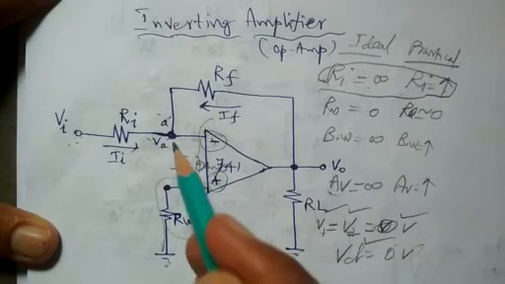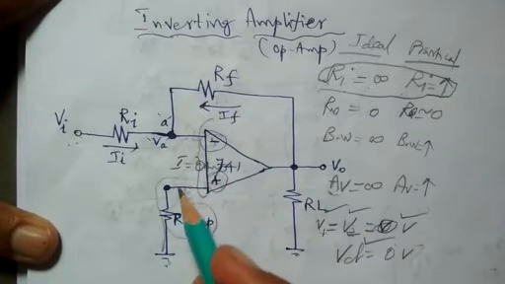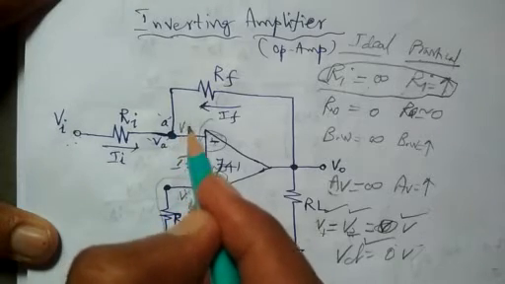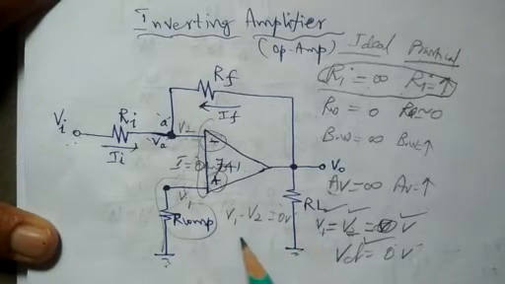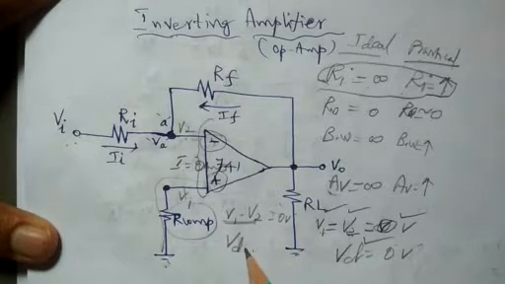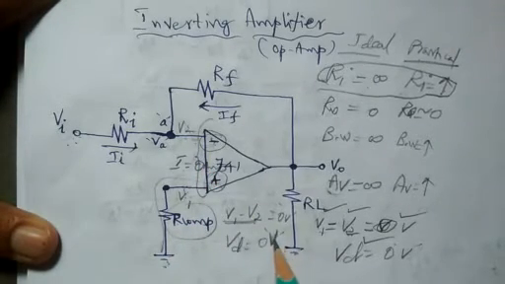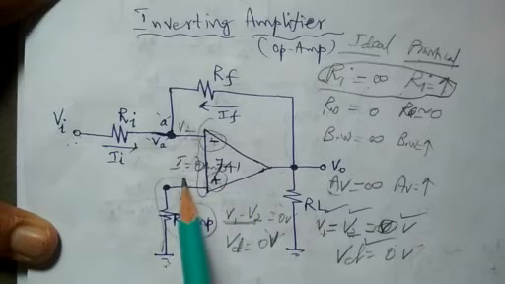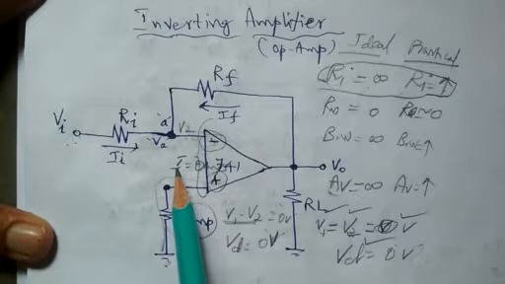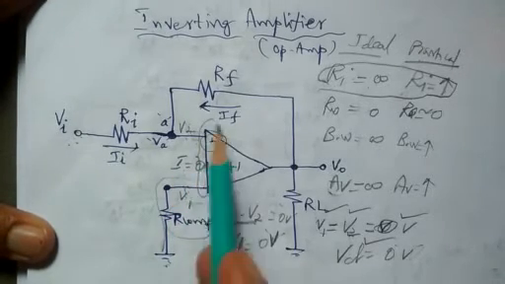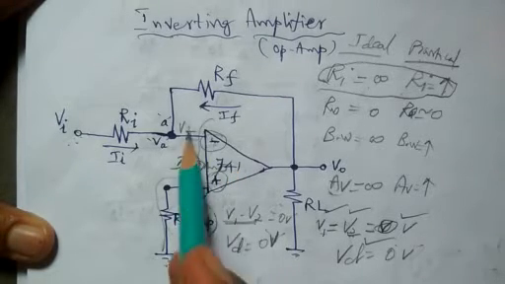Because of this, the potential difference between the two terminals must also be 0. If you choose this as V1 and this as V2, then V1 minus V2, which is Vd, must be equal to 0 volt. This happens only because of the op-amp's high input impedance, and because of it the current drawn at the input is 0 amps.